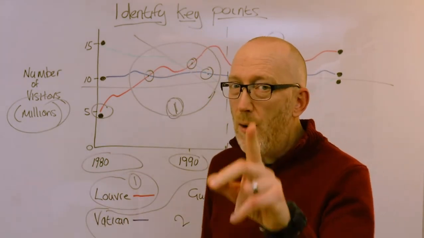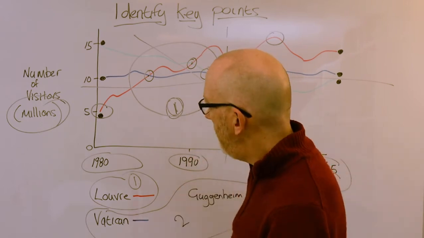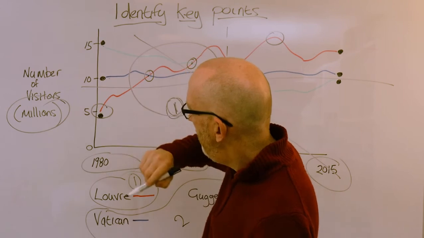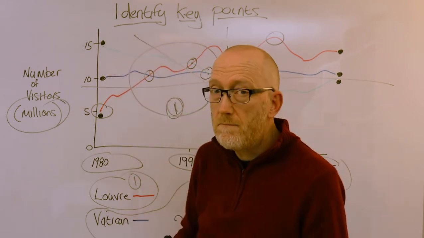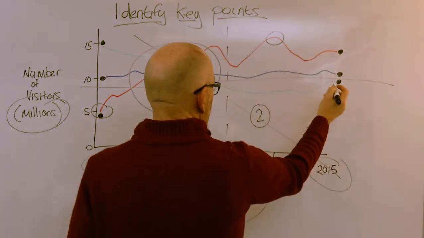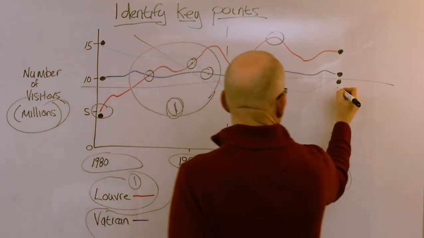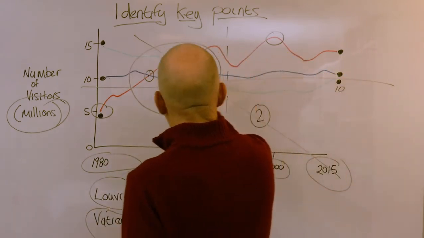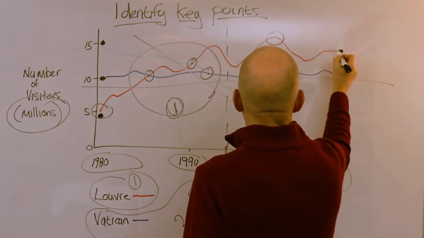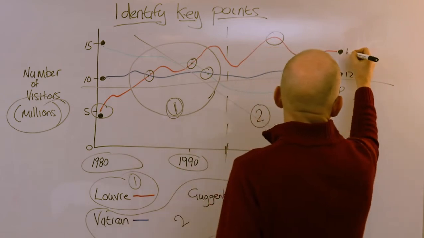And we can work out an overall trend, okay, by doing some simple mathematics. 15 plus 10 plus 5 equals 30. Yeah, I'm good at math. Okay, whereas over here, we have this line here which is 10, this line here which finishes at, I'm going to say 12, and this line here which finishes at 15.